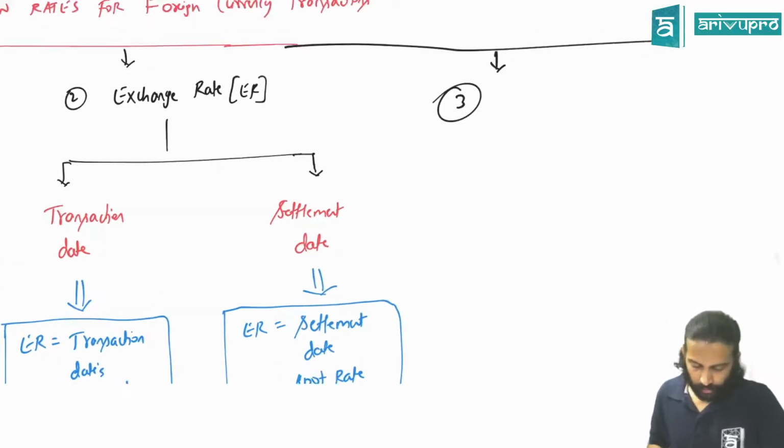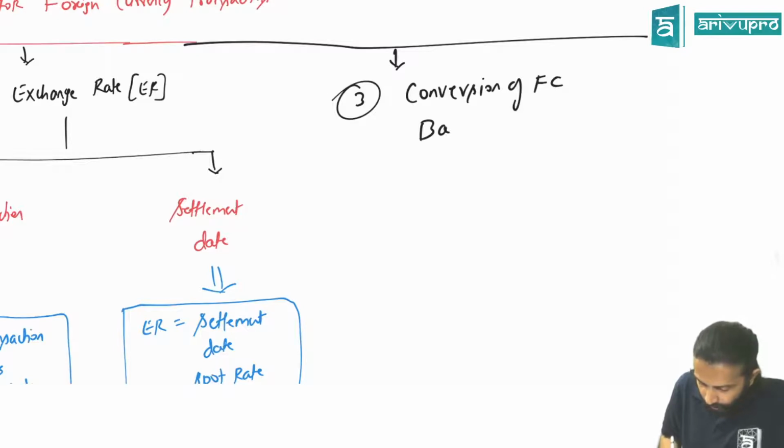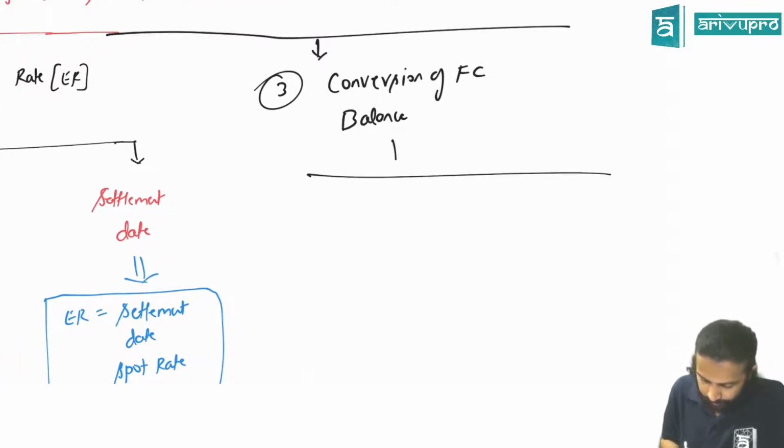Alright. Next you write: conversion of foreign currency balance. Under that you write: now we have to check whether that foreign currency transaction is a monetary item.